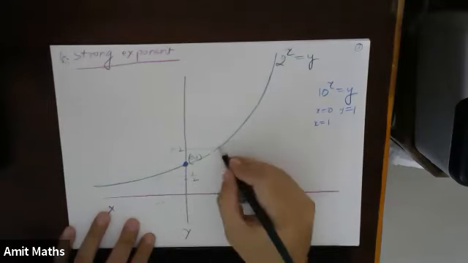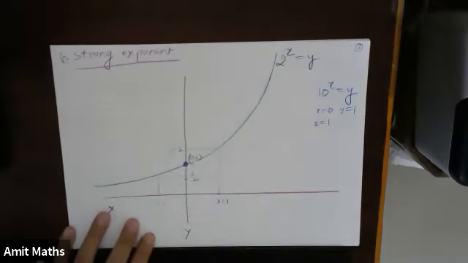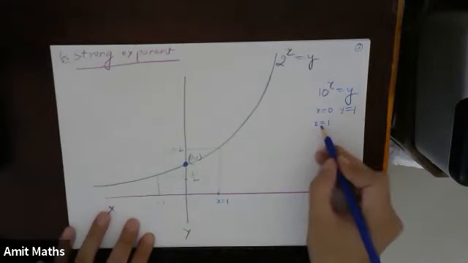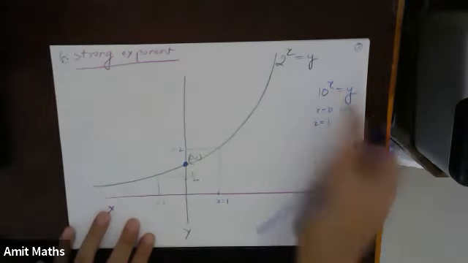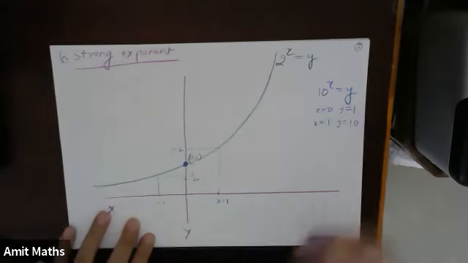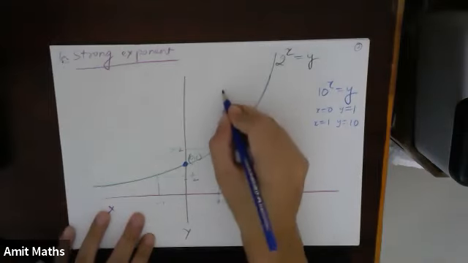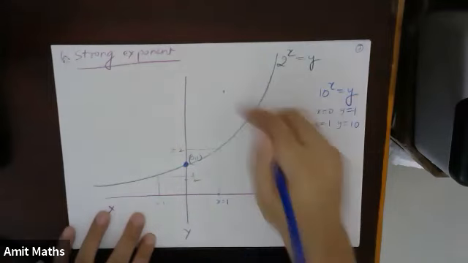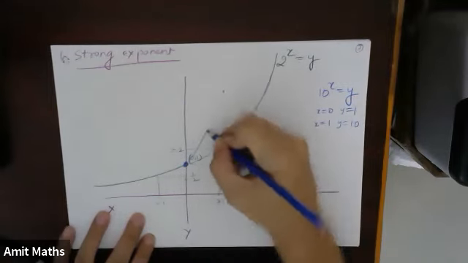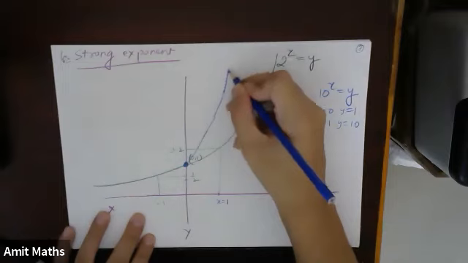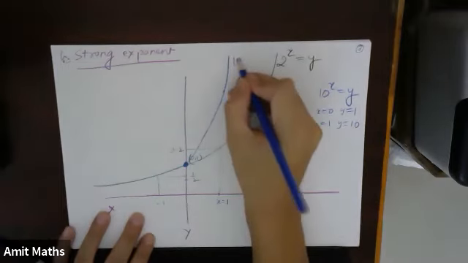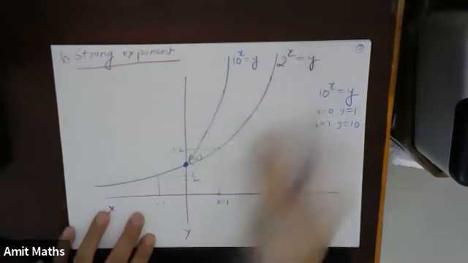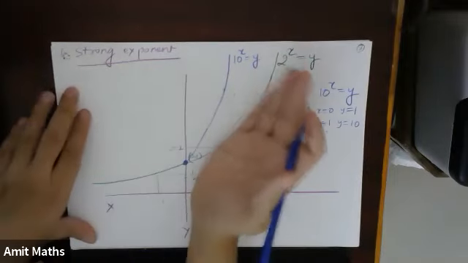Now in this second case, when x is equal to 1, y will be equal to 10. That means for 10 to the power x, the graph will be something like this. So this will be the graph of 10 to the power x is equal to y, and this is moving upward, this side.